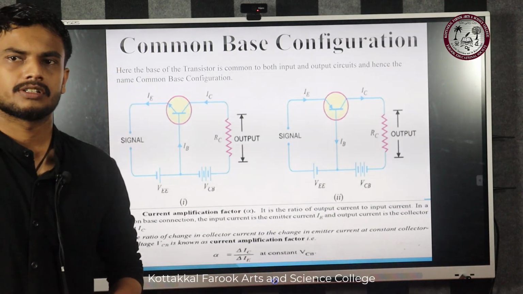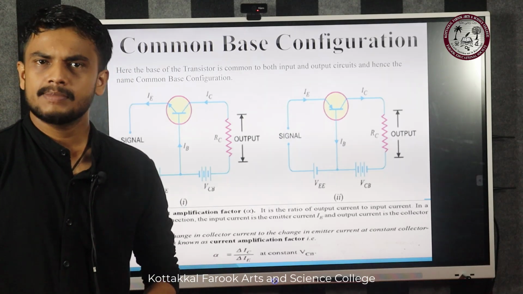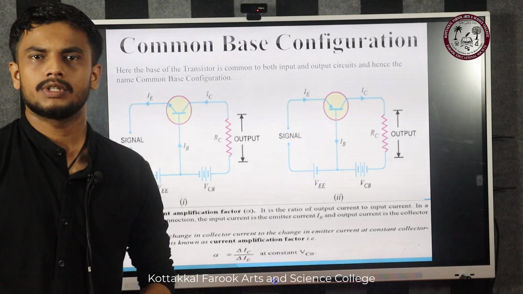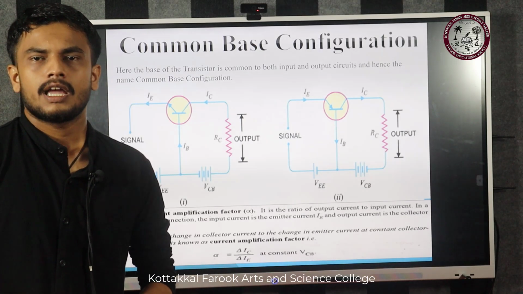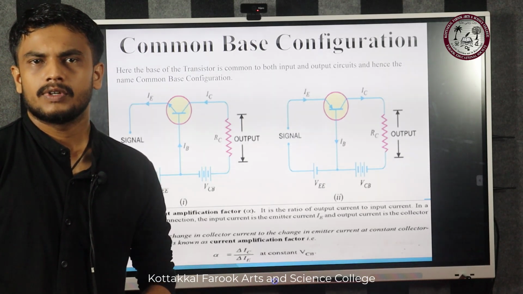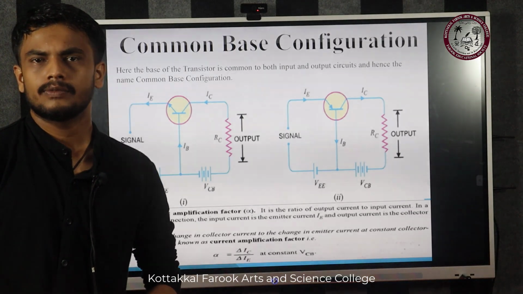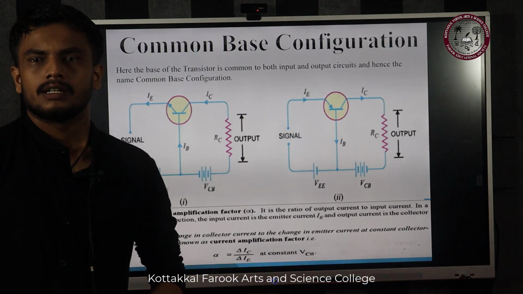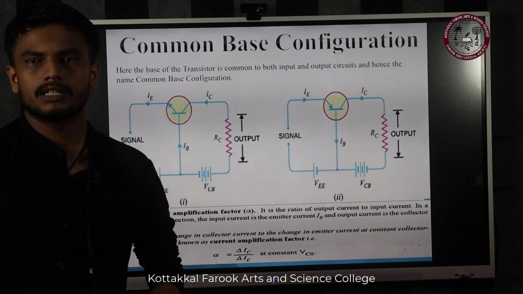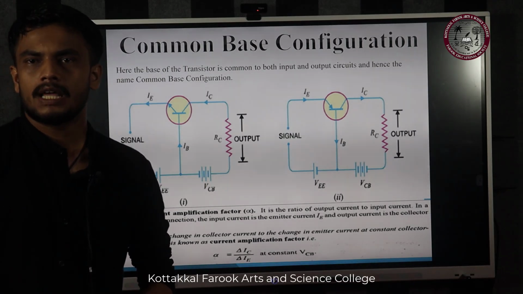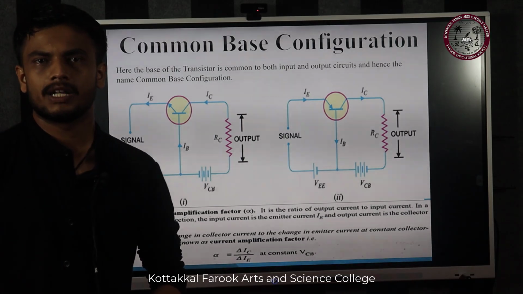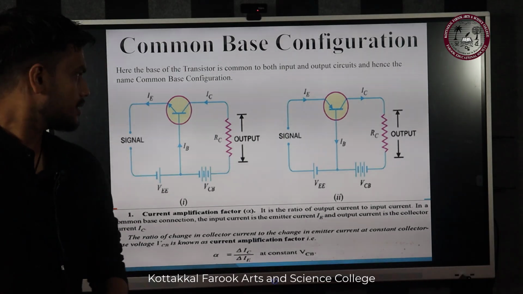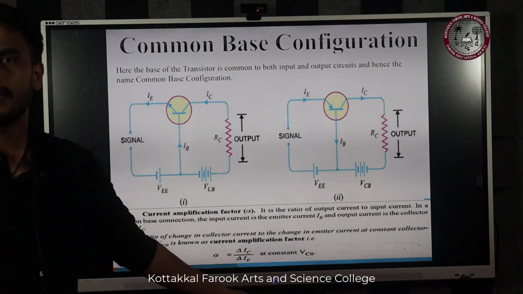Common base configuration. As the name suggests, the base is common to the input as well as the output. The emitter is the input, where we give the input current, and in the collector we get the output. As we can see in the figures, there are NPN and PNP transistors which we use as the common base configuration. The figure itself says everything.